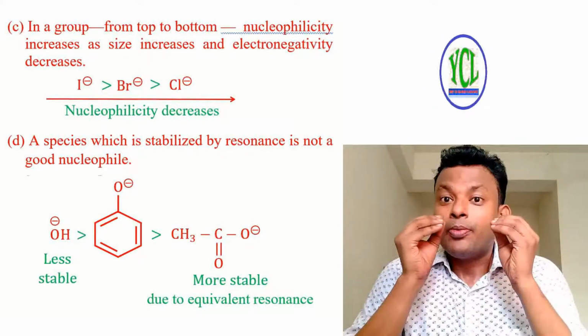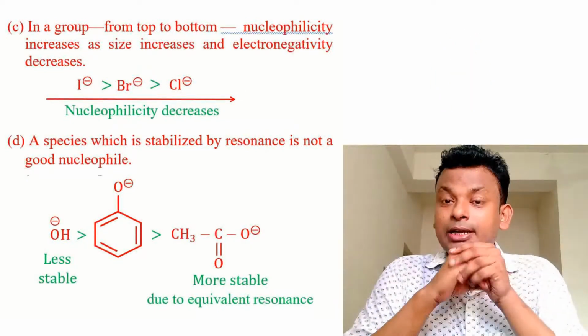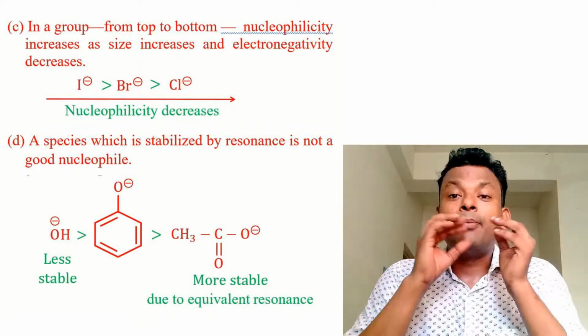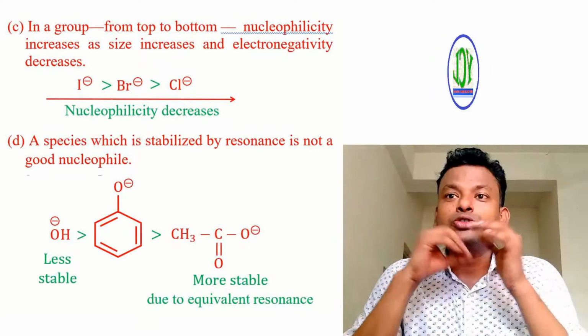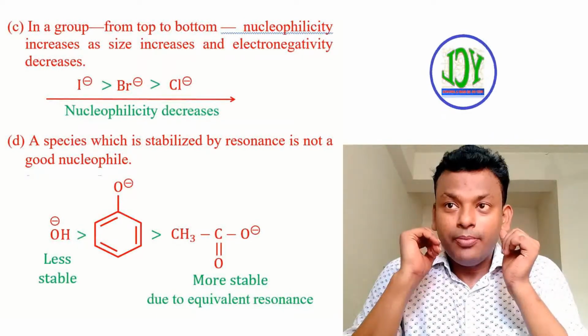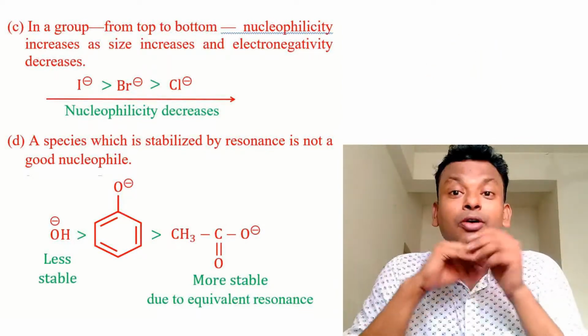So carboxylate ion has equivalent resonating structures, phenoxide ion also has resonating structures, but OH negative doesn't have any resonating structure. So a resonance stabilized nucleophile is not a good nucleophile.